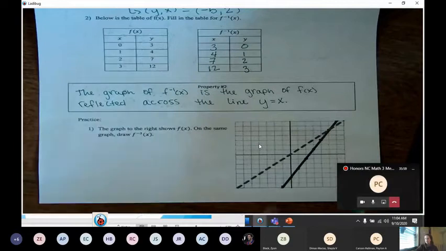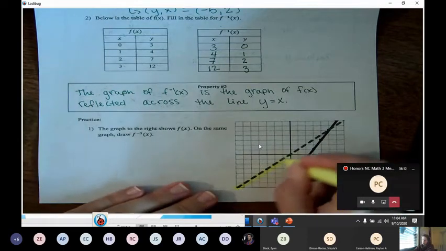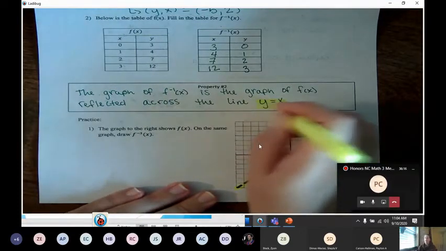So I have a graph drawn in right here. If you want to sketch it out, feel free. The dashed line is going to represent the line y equals x.